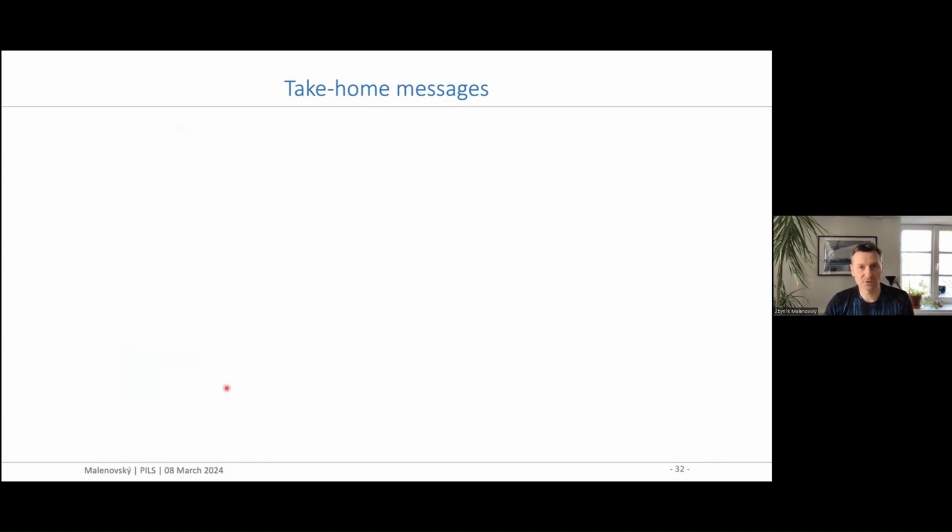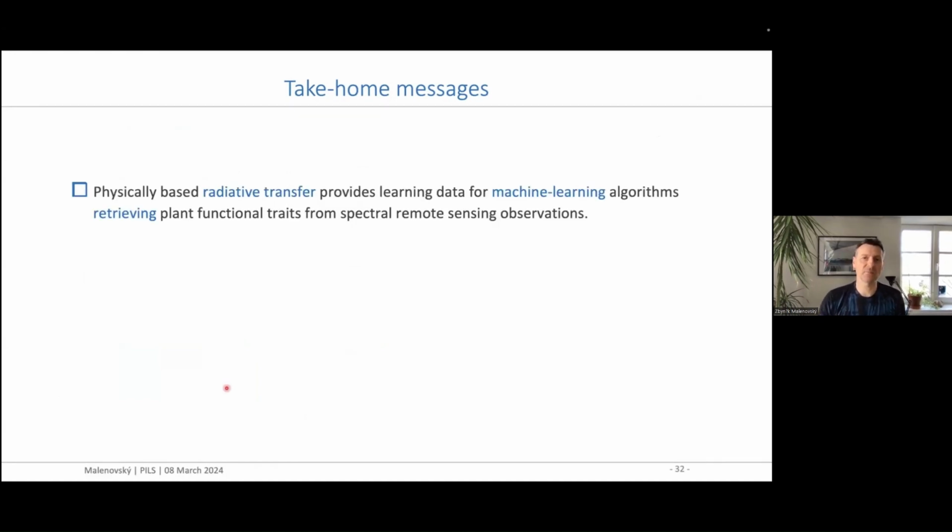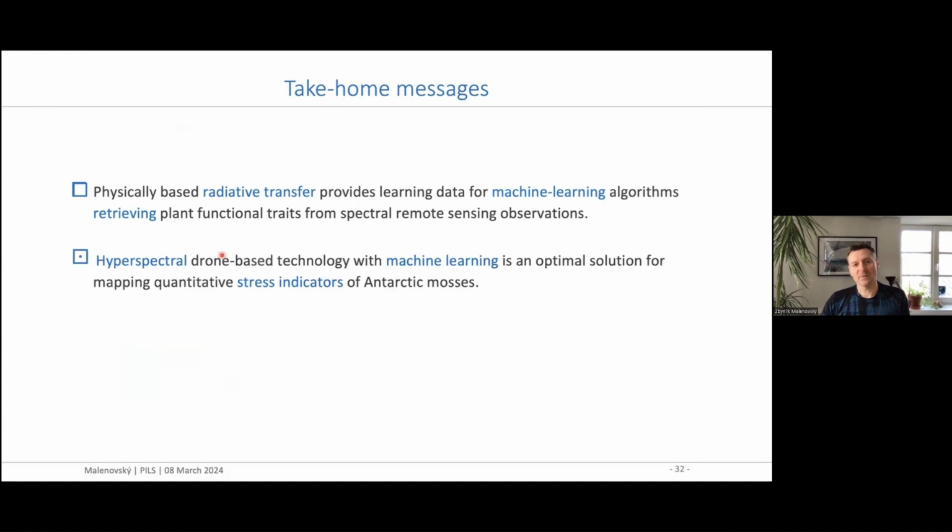This is all from my side. I would like to conclude with just 3 simple take-home messages. First message, physically based radiative transfer provides learning data for machine learning algorithms to retrieve plant functional traits from spectral remote sensing observations. Speaking of the first case, the hyperspectral drone-based technology and machine learning were found to be an optimal solution for mapping stress indicators of Antarctic mosses.